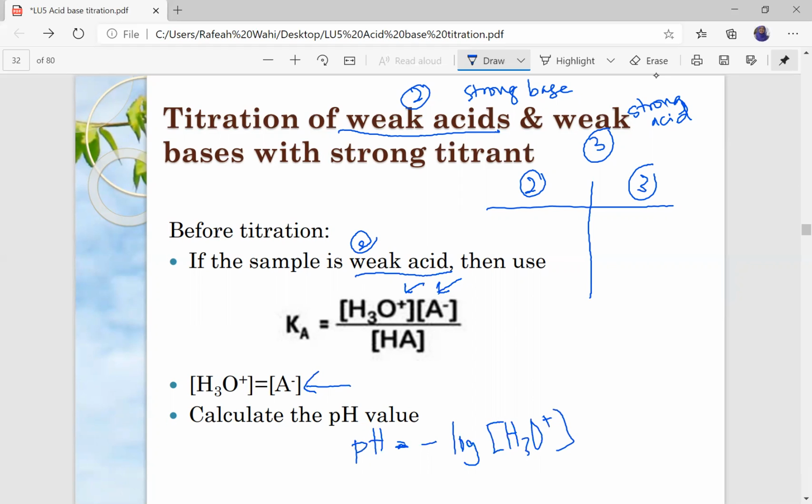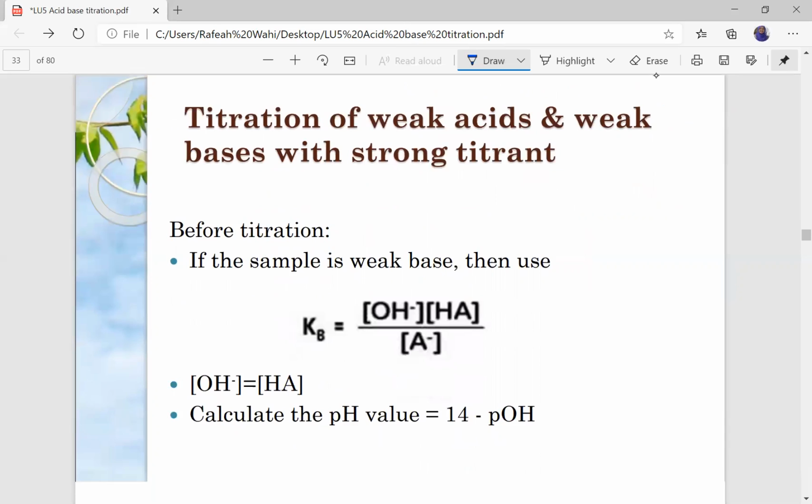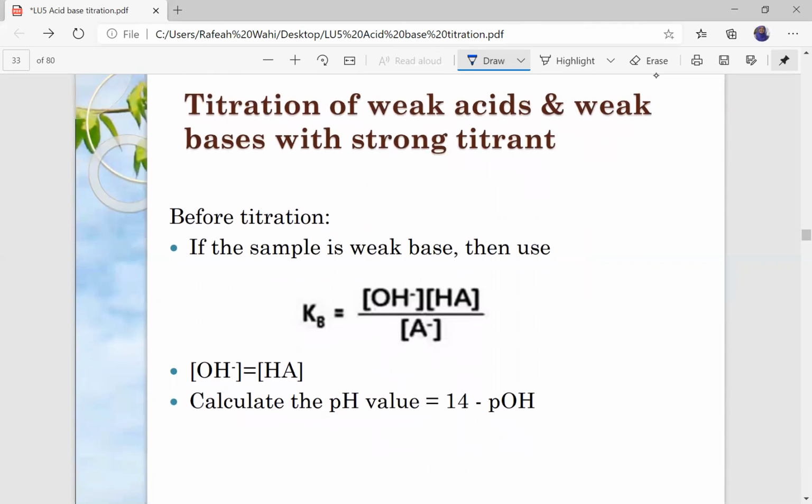Okay. So if you start with a weak acid, you need to calculate the concentration of hydronium ion using the Ka expression. So what if you start with a weak base?